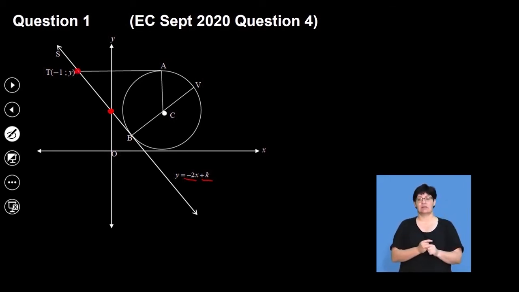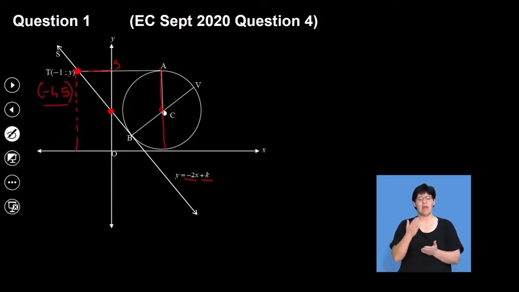It's this point T, and we now know that the x-coordinate is minus 1, and the y-coordinate, if you remember, this line is 3 plus 2, which is 5 units up. So therefore, this point has the coordinates minus 1, 5.